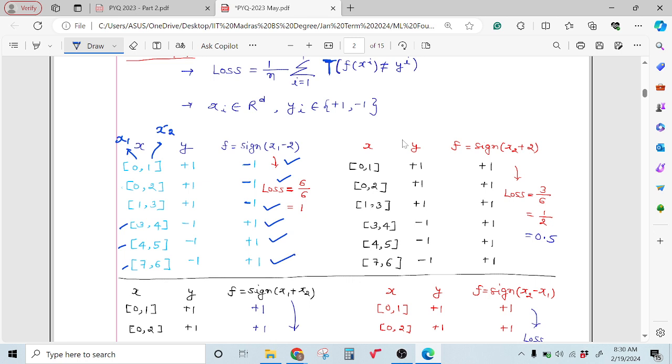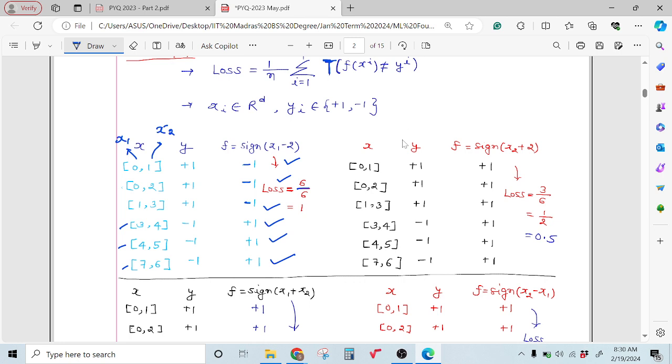So we will consider all 6 input data, because they are deviating from our actual output. So the loss will be 1, 2, 3, 4, 5, 6, so 6 by 6, equal to 1. So for the first option, the value of loss is 1.